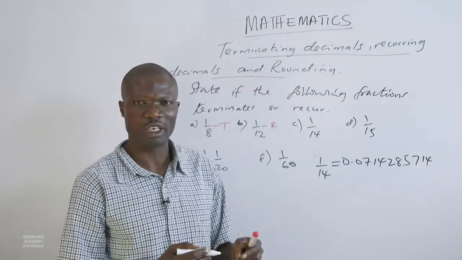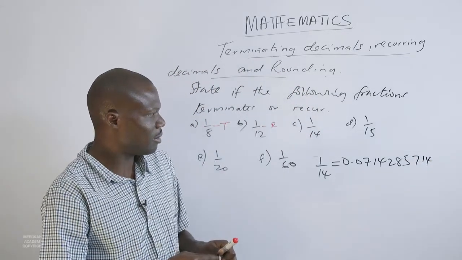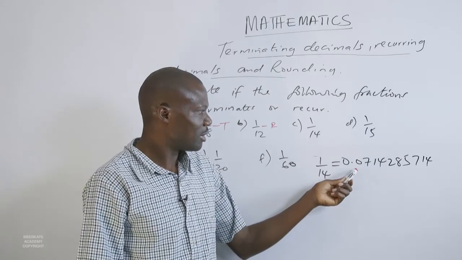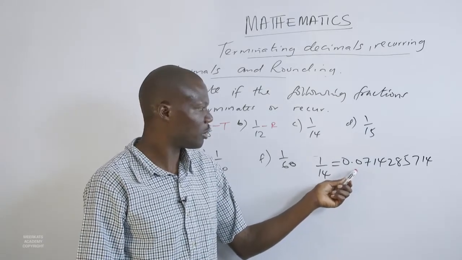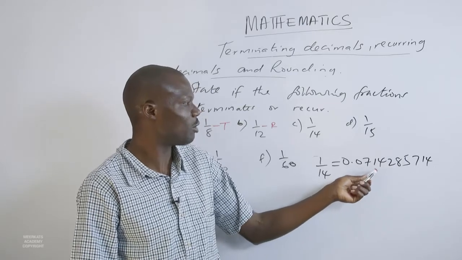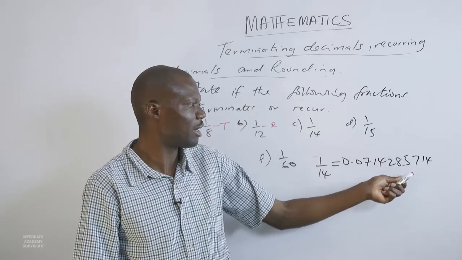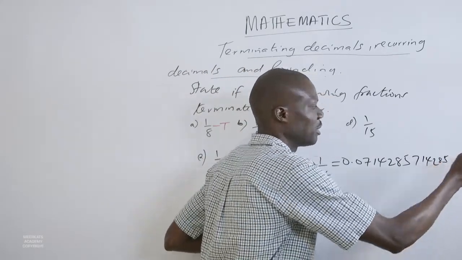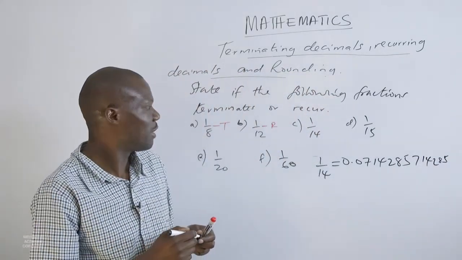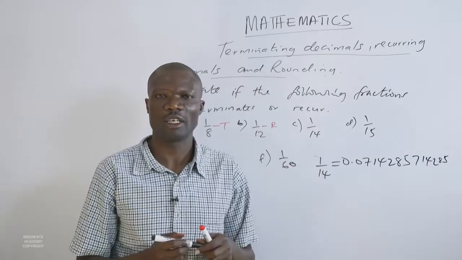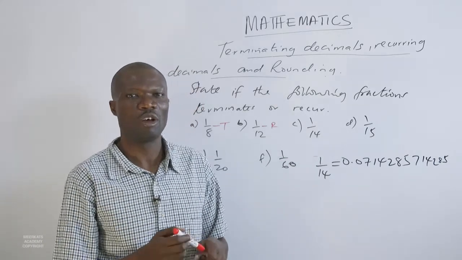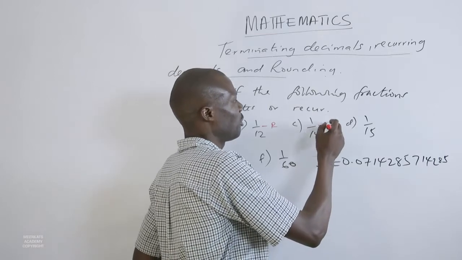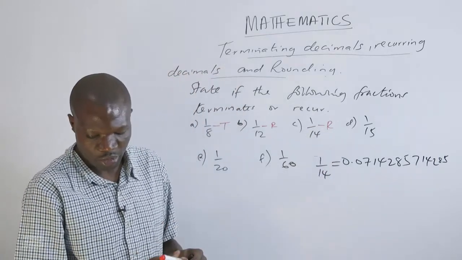What do you notice here? There is something happening. We have 0.0714285, and I expect 285, and so on. So this one, which is 1 over 14, forms what we call a recurring decimal.